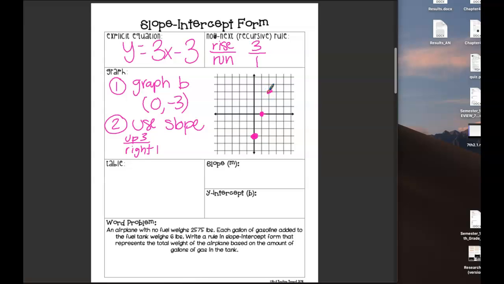What's the other way that I could have done it for slope? Ellie? Down 3, left 1. Good. In this case, I can't do it because I run out of room. Then you connect your dots.